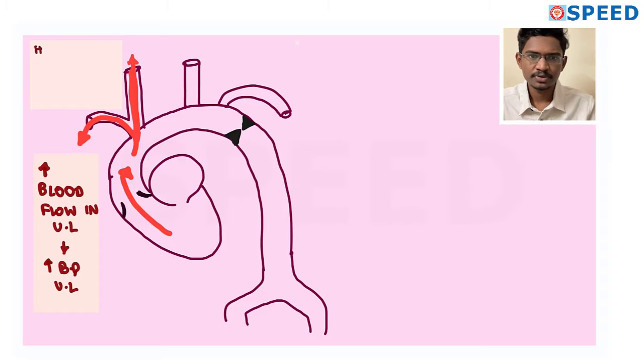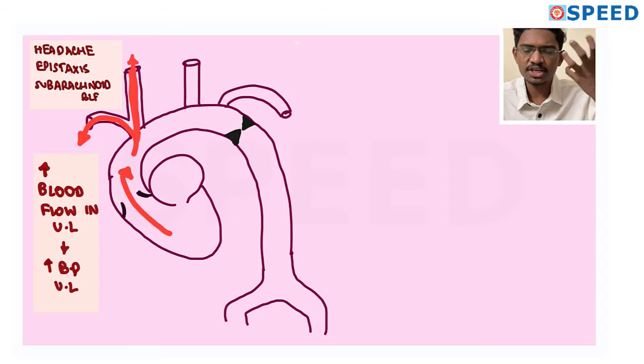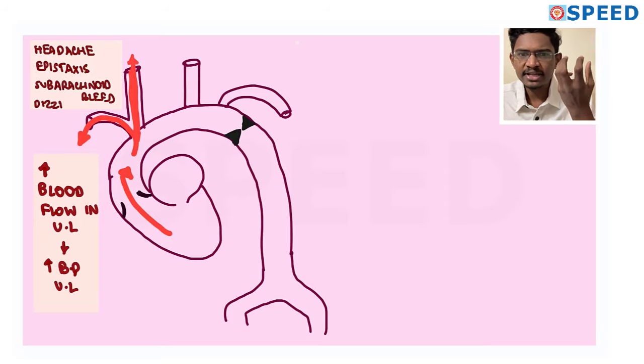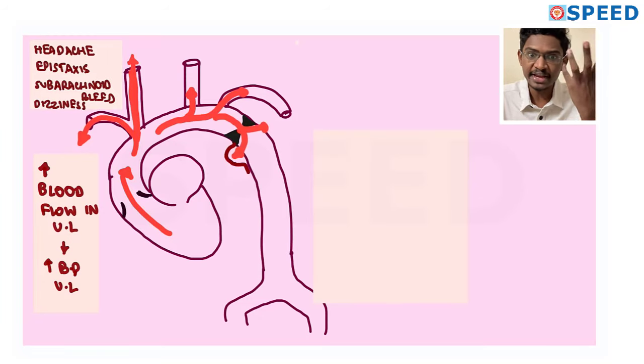That will cause headache, epistaxis, and even aneurysms in the brain. Due to this increased BP, the media gets weakened slowly and balloons out, forming aneurysms, and the aneurysms can rupture anytime, causing subarachnoid hemorrhage, or dizziness. Ischemic attacks can happen.